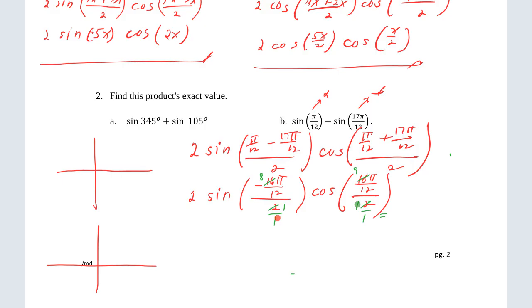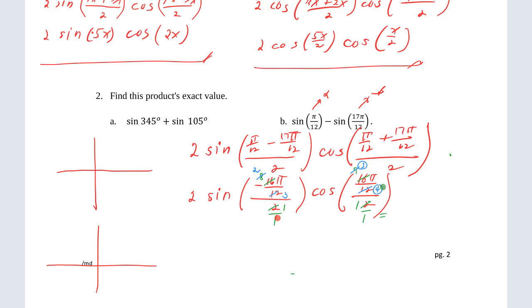Next, we have to simplify further. We still see that 8 and 12 can be simplified by dividing both numbers by 4. So 8 will become 2, and then 12 will become 3. In this portion here, I'll be dividing both numbers by 3. So 9 will become 3, and then 12 will become 4.